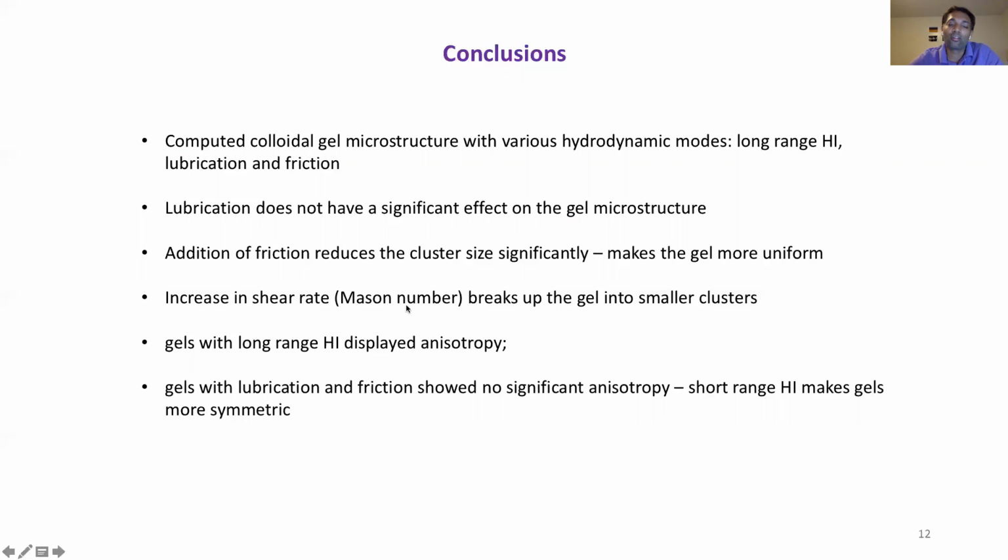Increase in shear rate or the Mason number breaks up the gel into smaller clusters. Gels with long-range hydrodynamics display anisotropy. The gels with lubrication and friction showed no significant anisotropy, indicating that short-range hydrodynamics makes gels more symmetric.